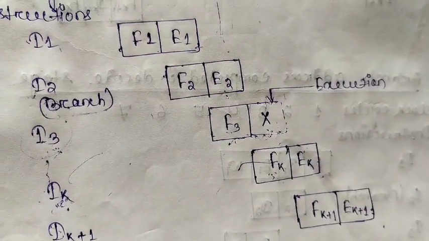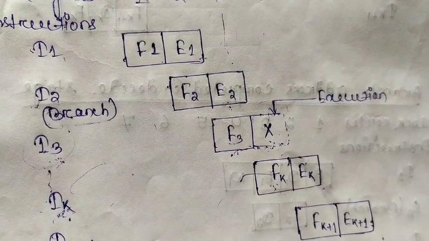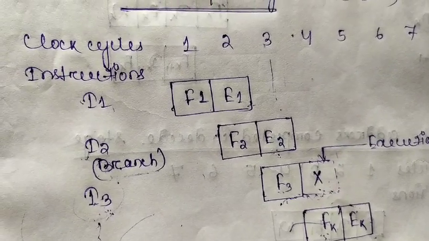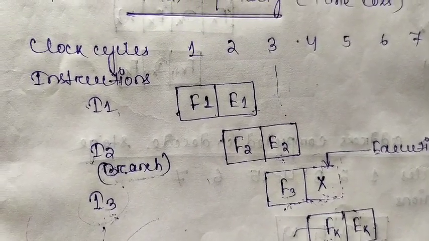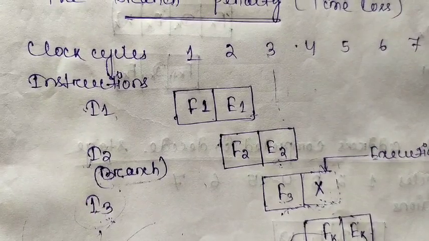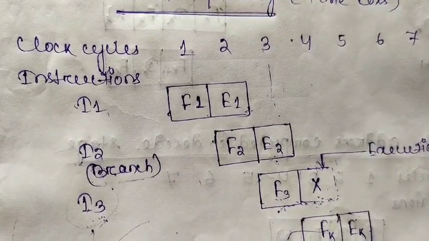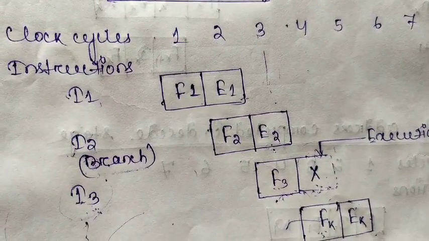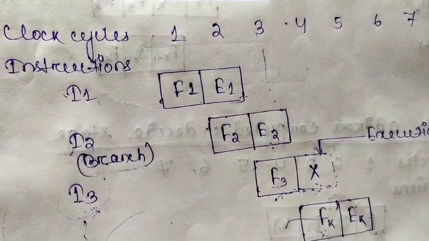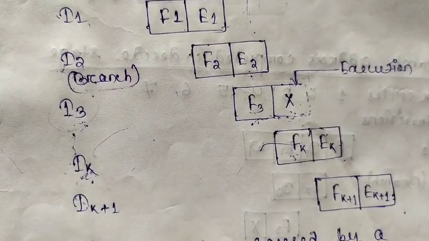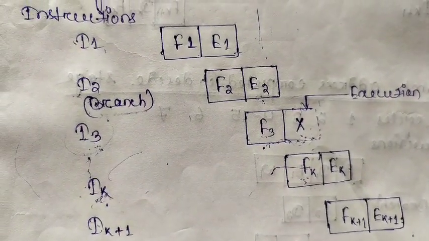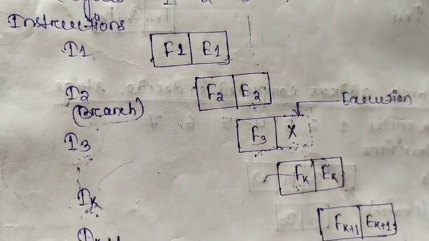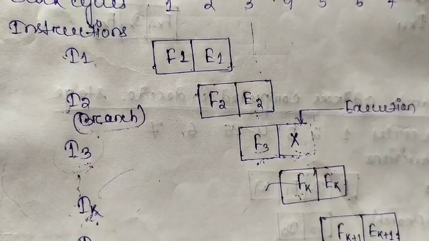But when we increase the pipeline stages, the branch penalty may be different, maybe longer. In this figure the branch penalty is 1 clock cycle, but for a longer pipeline the branch penalty may be higher. So let's see how much branch penalty will occur in a 4-stage pipeline.